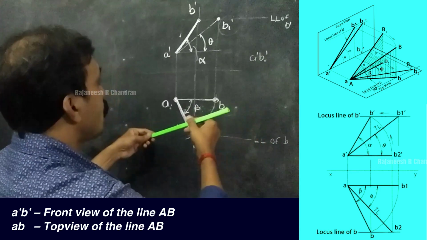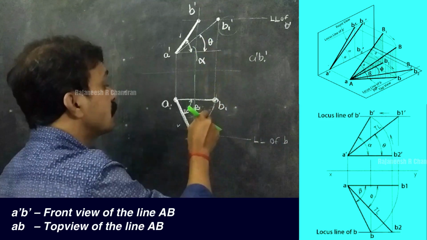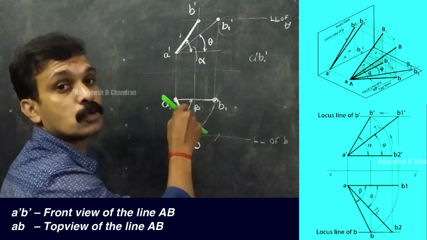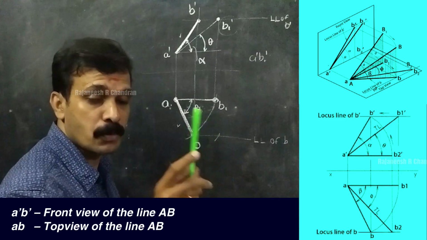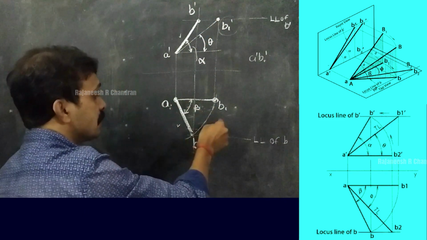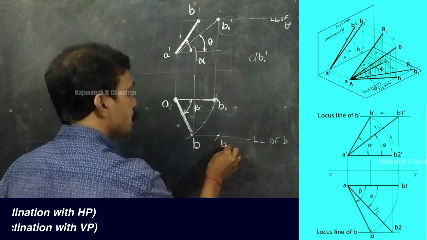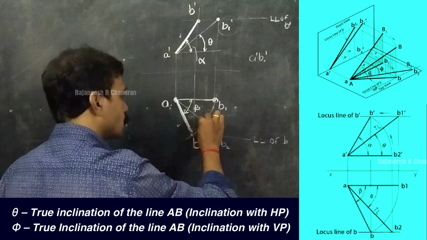So if we do like that, we can obtain the true length here in the top view. So the process is, take this true length, keeping A as center, intersect an arc. That will be our second true length, name it as B2. So this will be the true length.